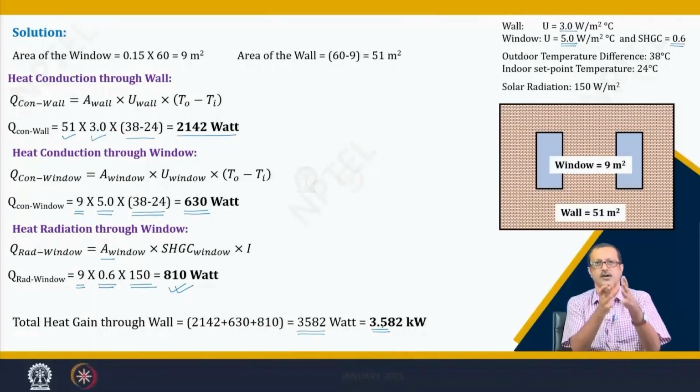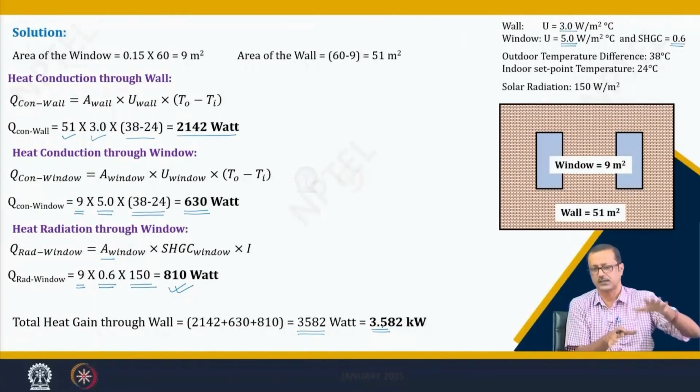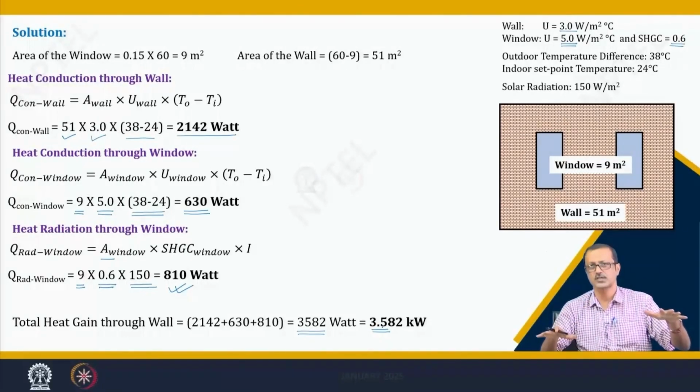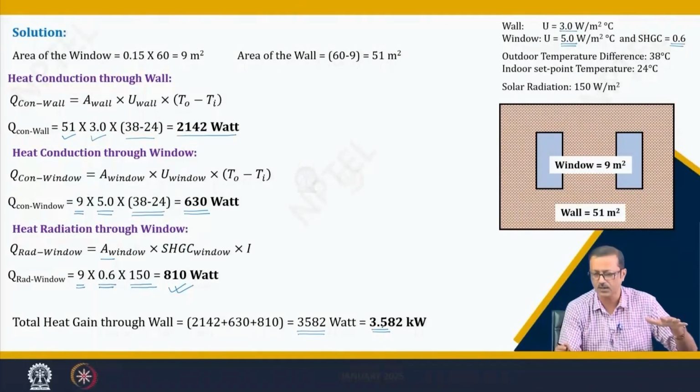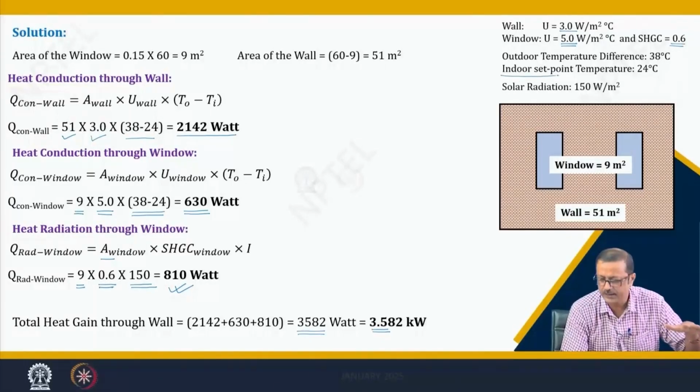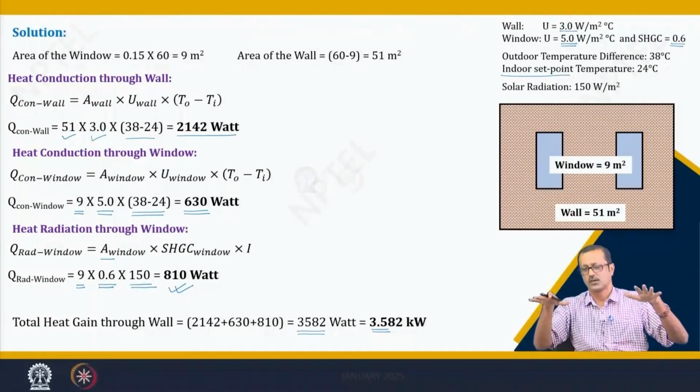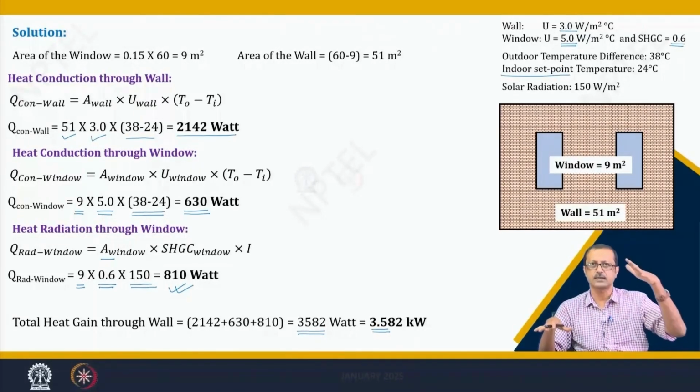That means, for that particular situation, when your temperature is 38 degree outside, you want to keep yourself at 24 degree. That is why I call that the indoor set point temperature. I want indoor as 24 degree centigrade. At that particular moment, the solar radiation is 150.